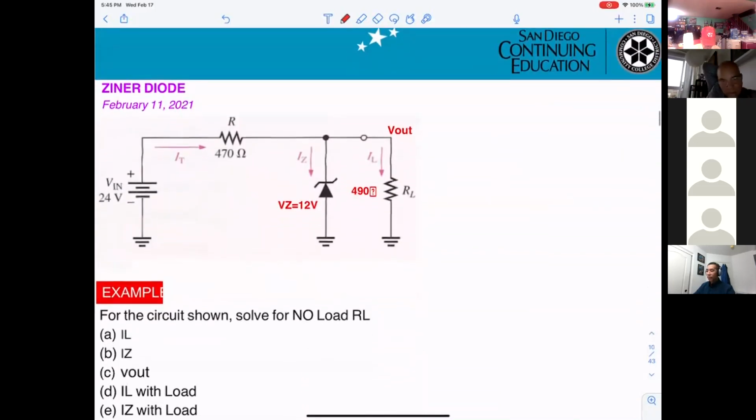Now, you do it, and I'll see how many people can get through it. First thing, they want to take the load out first. No load. They want IL, IZ, V out.